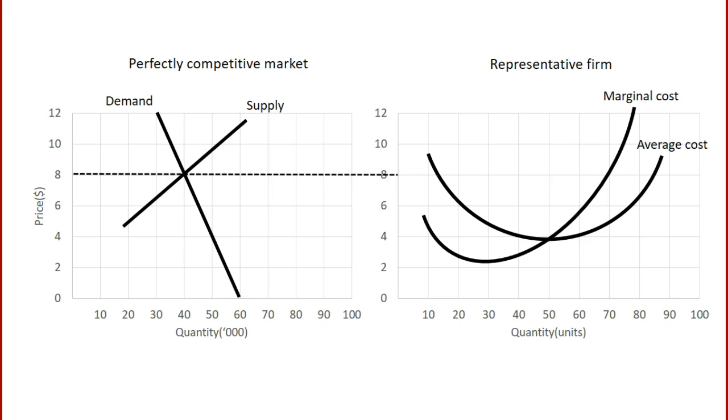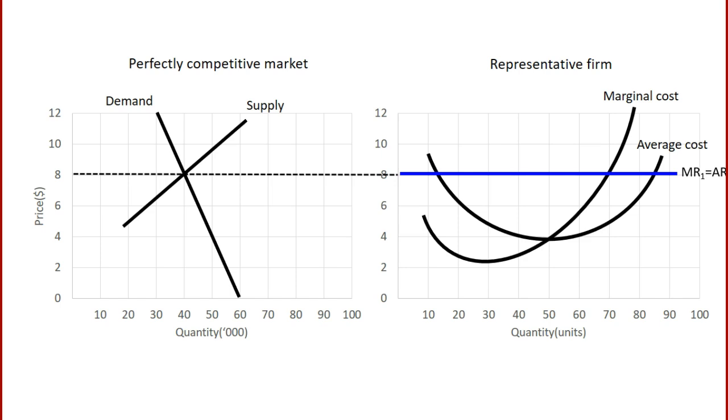The price will remain at $8, and that means this firm's average revenue, its revenue per unit, will be identical to its marginal revenue, that is its revenue for each additional unit that it produces, and that will be set by the market price. So we have a horizontal marginal and average revenue curve.